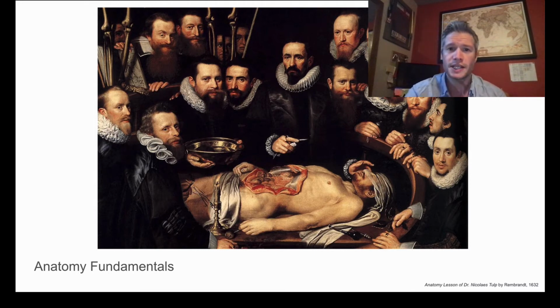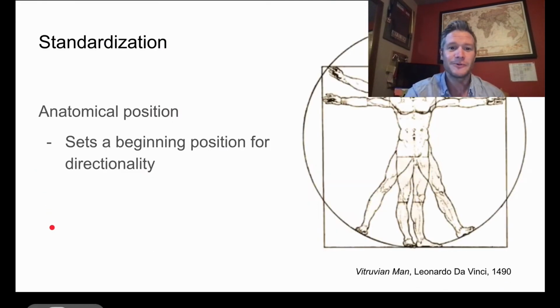So what's been done is the standardization of language and terms for directionality in anatomy, so that regardless of where you are relative to a patient or a client, or in the world, there's a level of understanding for communication between practitioners. That's exactly why we go through all these terms and have these names for things. To start us off, we want to look at anatomical position.